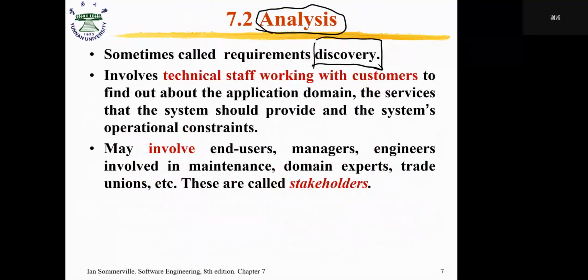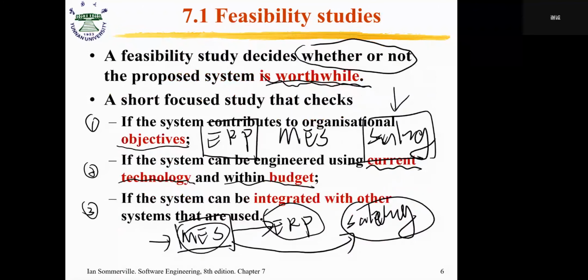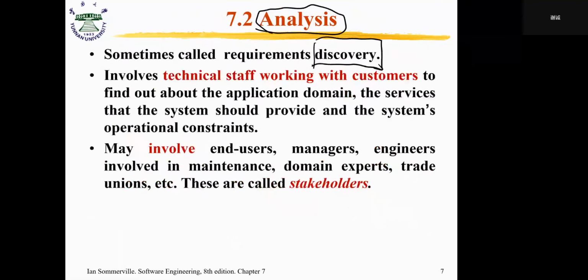Okay. So the second activity: the first activity tells you whether this project is worthwhile to do. If you check and find it is worth doing, then you go on to the analysis. Analysis is to discover the requirements.